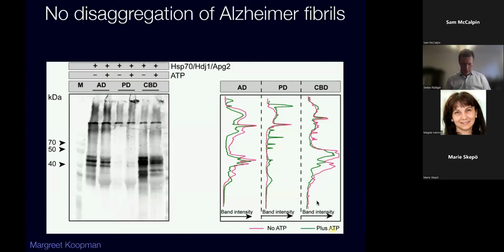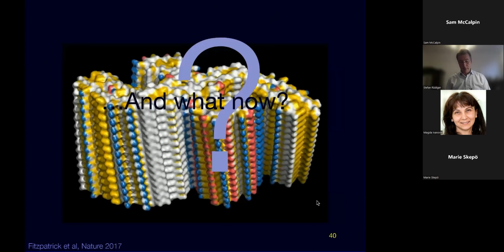On the left are the gels plus or minus ATP, with Alzheimer's, Pick's disease, and corticobasal degeneration, with the HSP70 cocktail and plus or minus ATP. Now, looking at the difference, do we see a difference? Well, the gel looks slightly messy. If you quantify it, what do you see? Well, not much of a difference. This is not really a high resolution method. The question is, can we get more resolution?